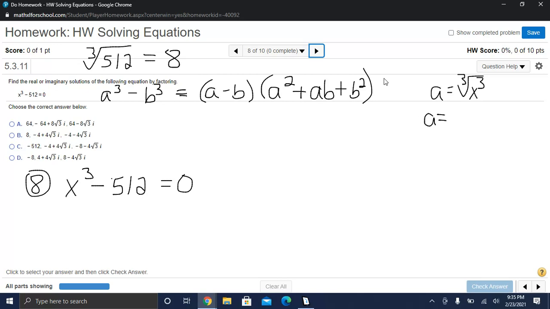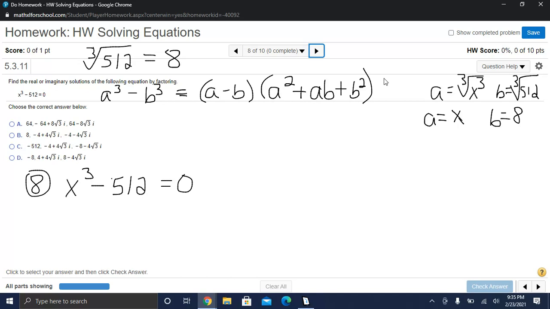B in my problem would be the third root of the 512, and we already talked about it, that b is 8. So the third root of that 512 is an 8. 8 times 8 times 8 gives me 512.